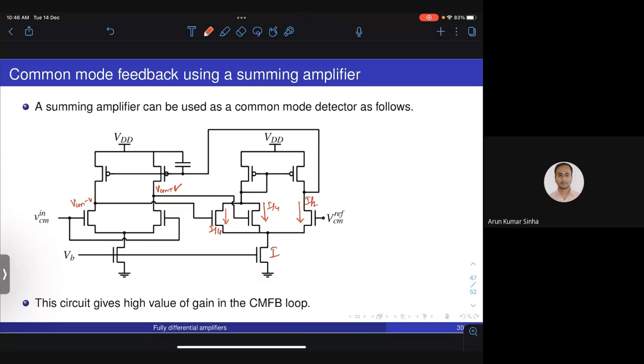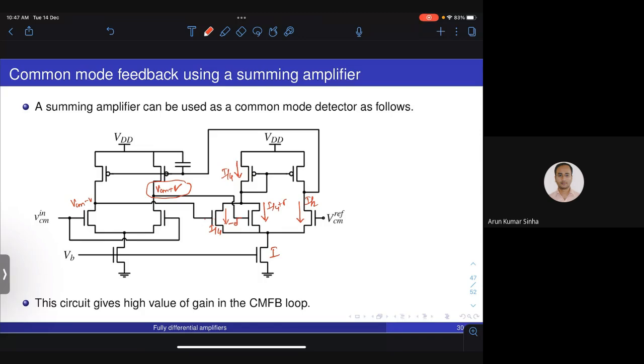For a small signal VCM plus V, this I by 4 will increase by some small amount delta, and since the gate input for this transistor here is VCM minus V, this current will decrease by some small amount minus delta, and the total current through this transistor will still be I by 4. Okay, so for differential input signals, this amplifier doesn't do anything.